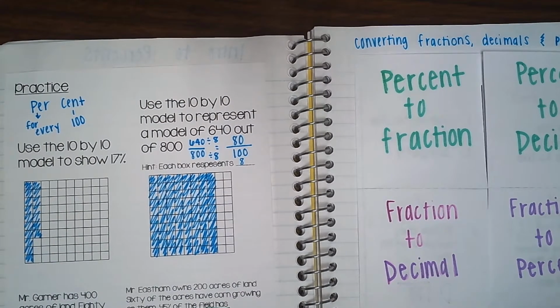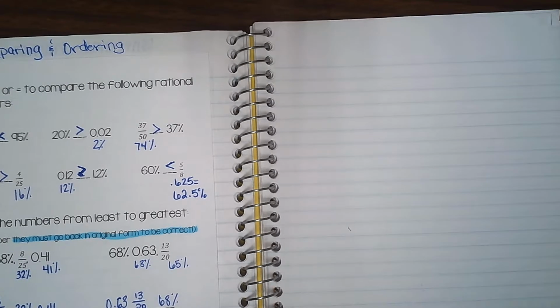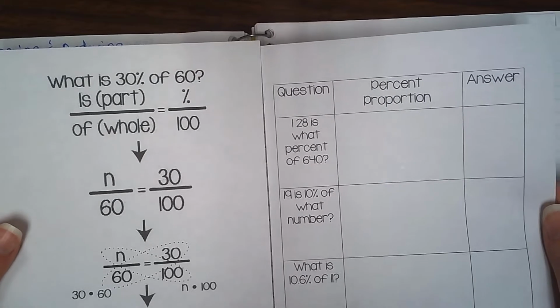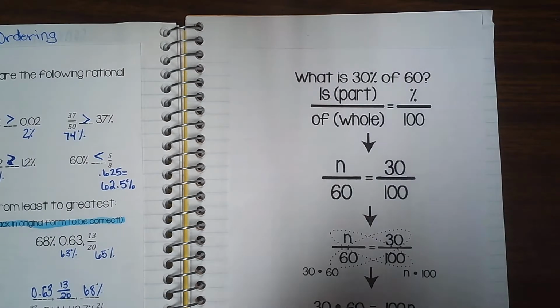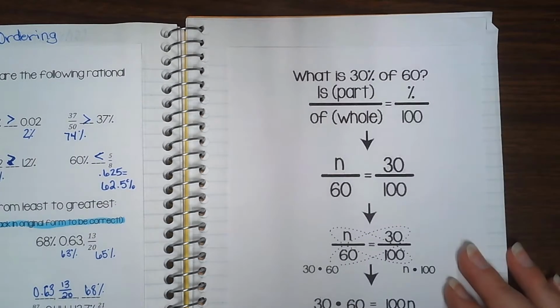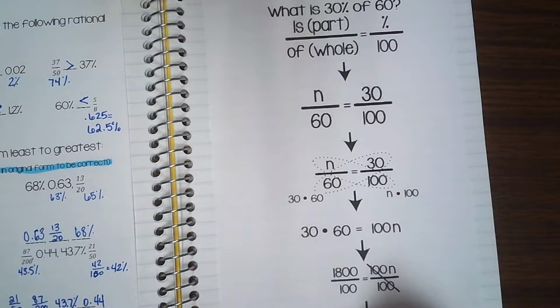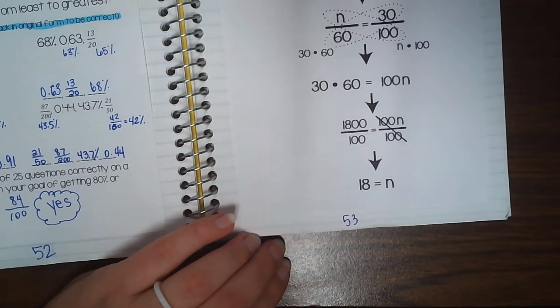Okay, so on 53, you should get a page that looks like this, and I've cut it in half, and this is what goes on page 53. So we're going to glue that in. Remember my page number 53 down at the bottom.